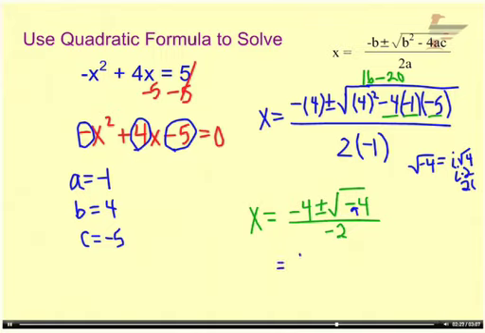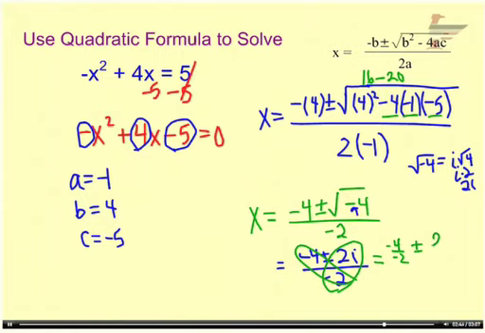So we have negative 4 plus or minus 2i all over negative 2. And then at this point, we could look to see if, when we divide by that negative 2, anything simplifies for us. So a negative 4 over a negative 2 is going to simplify, plus or minus 2i over negative 2.